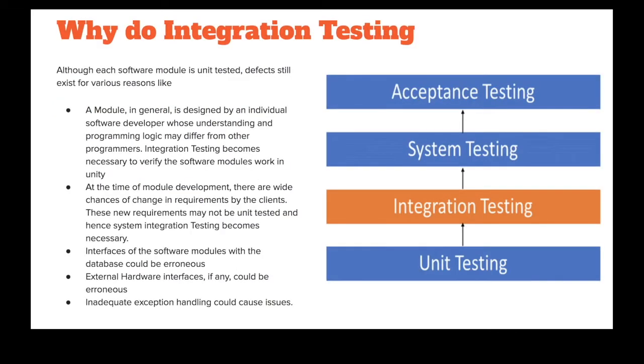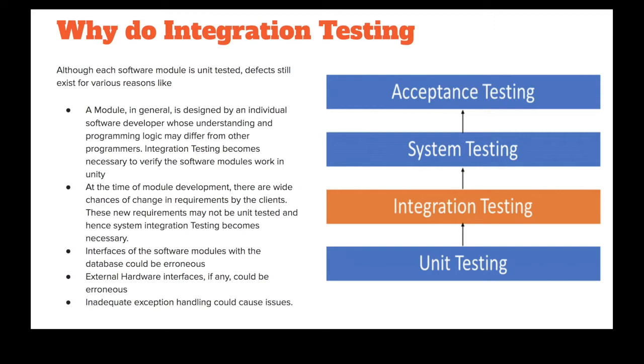Why do we need integration testing? In unit testing, we test all the modules individually. It can be tested by the developers, mostly by the developers, and sometimes by the testers as well. In unit testing, they completely test the modules individually.